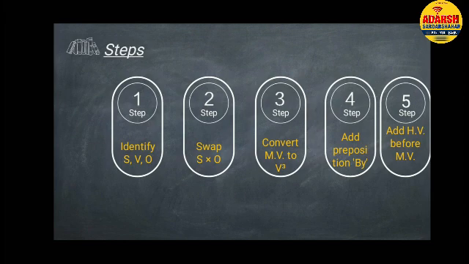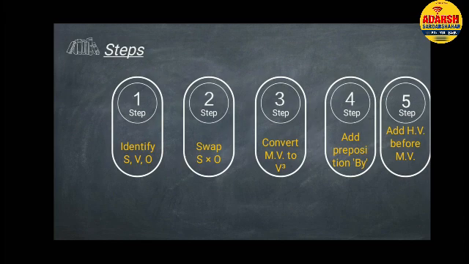Let me revise it here again: the subject is our doer. Someone who is performing the activity is our subject, while the verb is our action, the activity which is going on in the sentence.